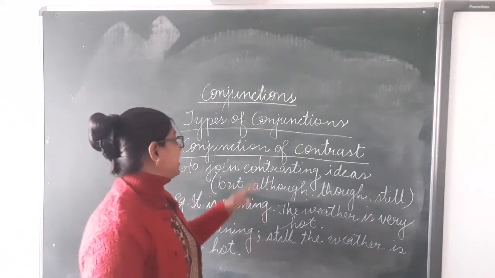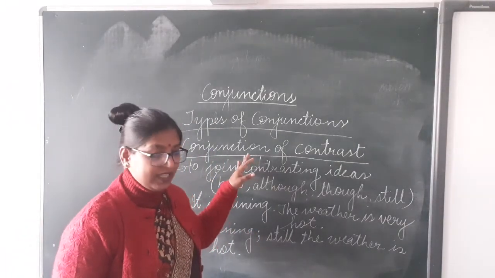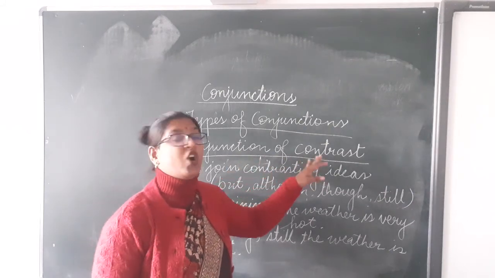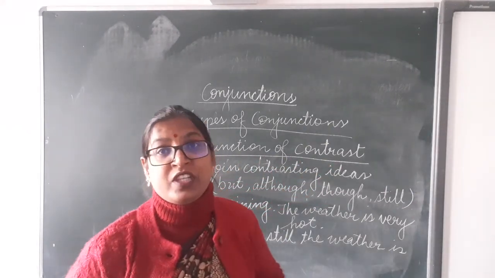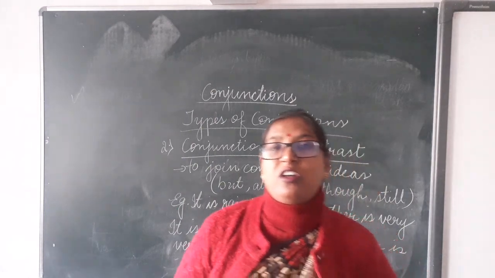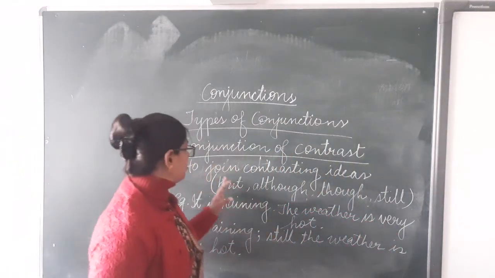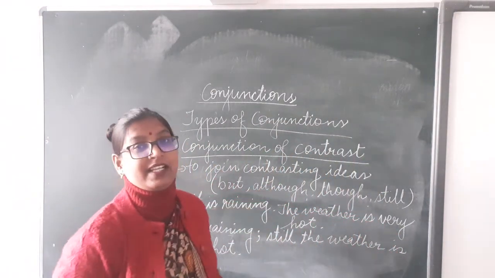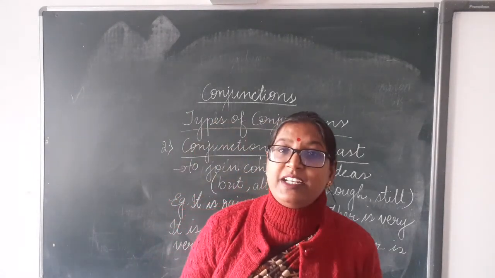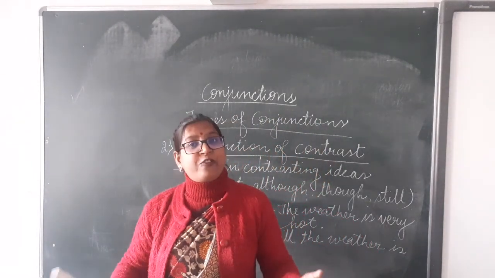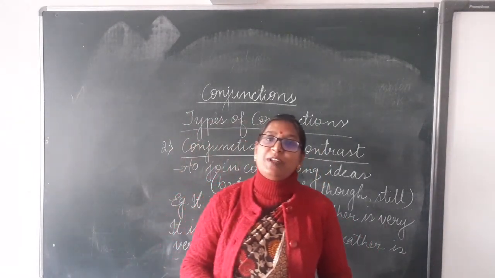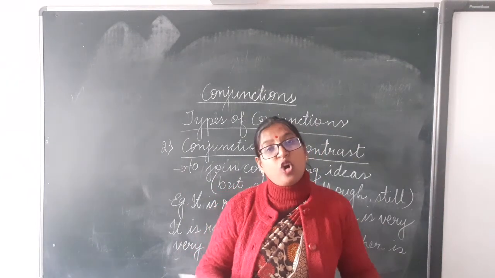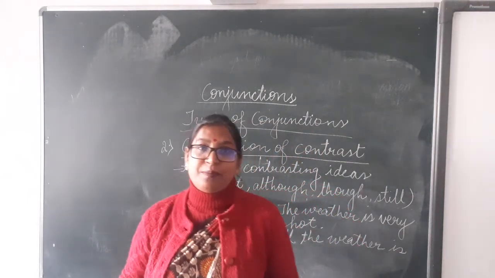Now, look at the second kind of conjunction, that is conjunction of contrast. It is used to join contrasting ideas. Contrasting ideas means completely different ideas or ideas which are opposite to each other.